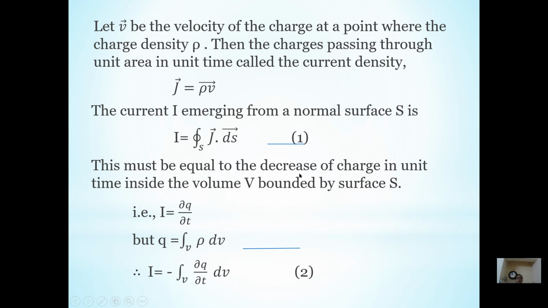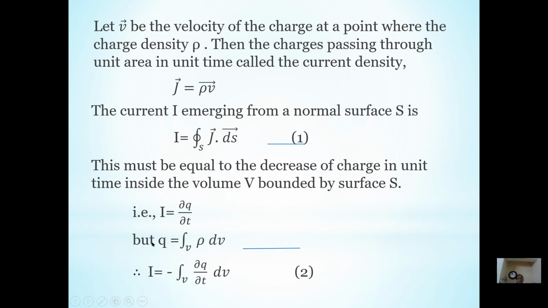You know that current is nothing but flow of charges. So when current is emerging, there will be a decrease of charges with respect to time. Hence, I is equal to delta Q by delta T.